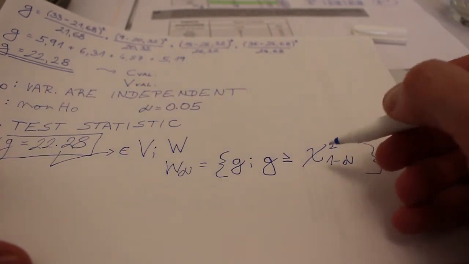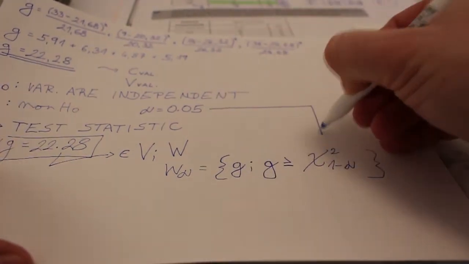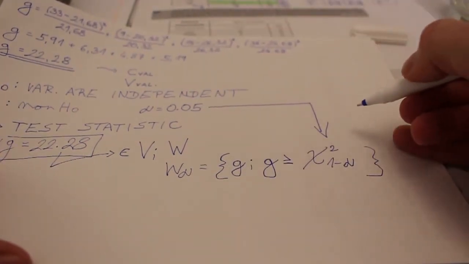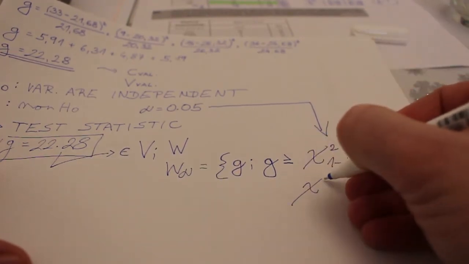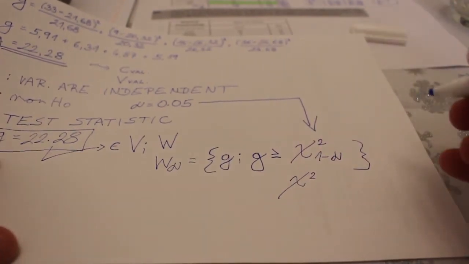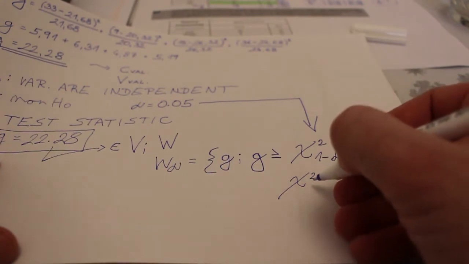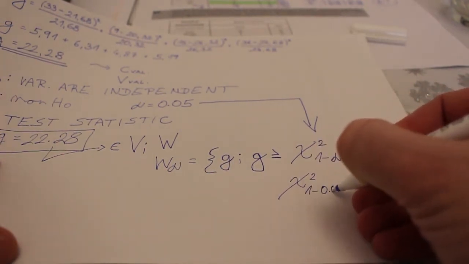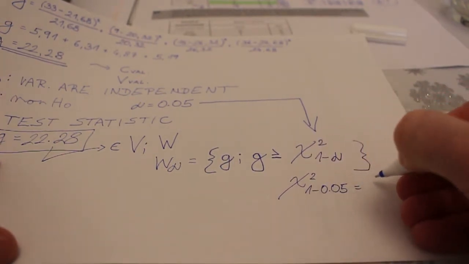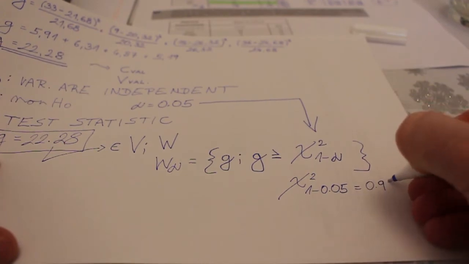Okay, so we are using 5% significance level. So it's necessary to check the statistical tables and find 1 minus 0.05 equal to 0.95.